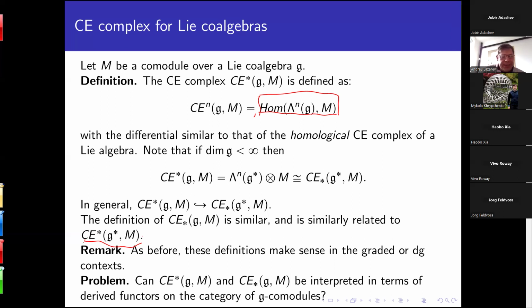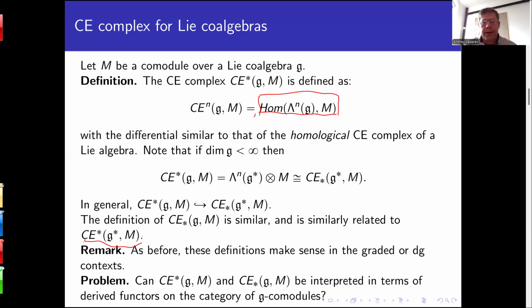Okay, so with these definitions, the natural question arises, which I first saw in a paper about Lie coalgebras by some Chinese co-authors whose exact names I unfortunately forgot, but it's a relatively recent paper. There they defined homology and cohomology of Lie coalgebras and gave interpretations of them similar to those for Lie algebras and coalgebras.